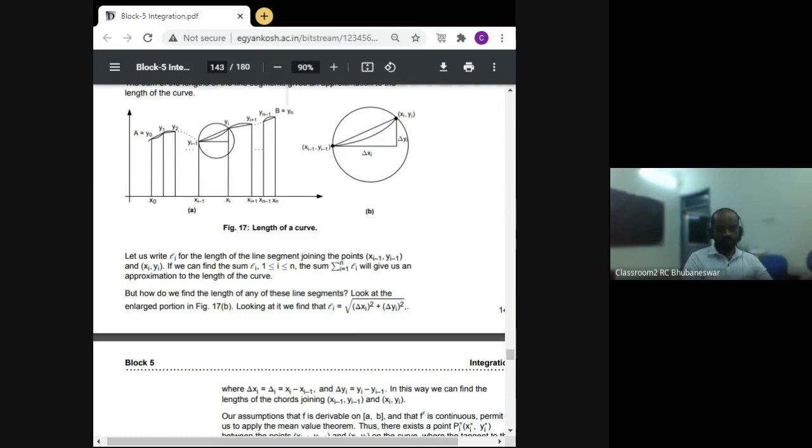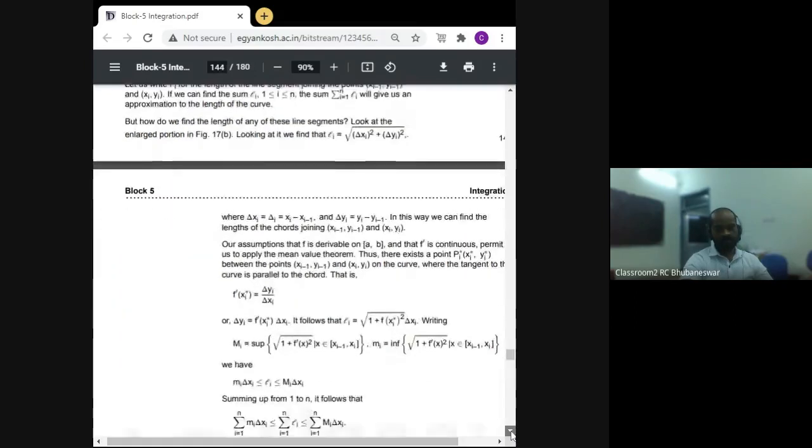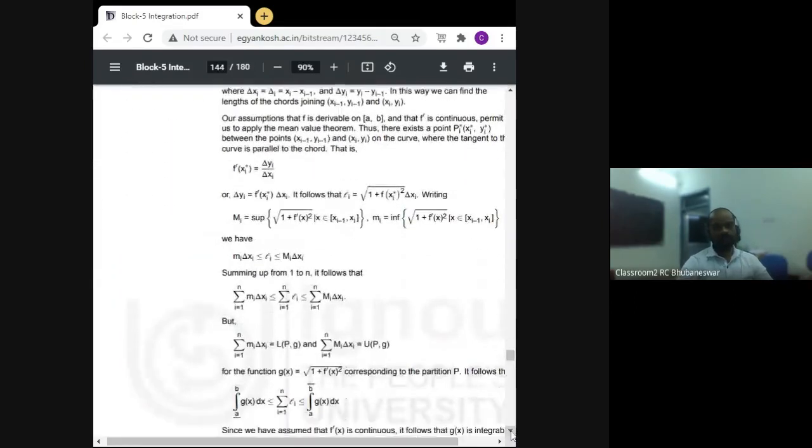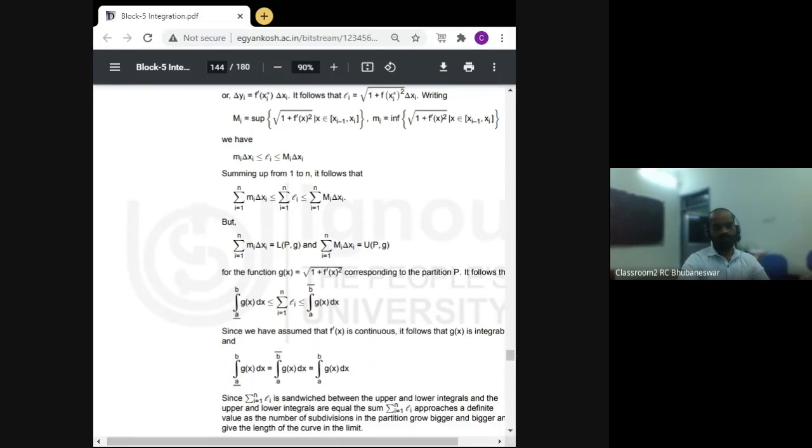Similarly, after calculating this kind of small piece of length of the curve, we can use the supremum and infimum values of the function to define our desired result in terms of lower integral and upper integral.